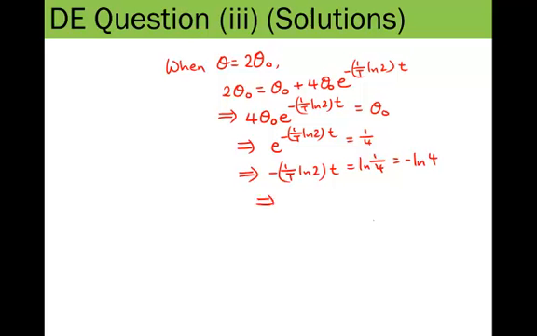Then I get 1 over big T ln 2 multiplied by small t is equals to ln 2 squared, which is 2 ln 2. Dividing both sides by ln 2, this is what I get, and so therefore eventually I found that time is equals to 2 big T. And that's our final answer. When time is equals to 2 big T, the temperature would be twice the temperature of the surrounding.